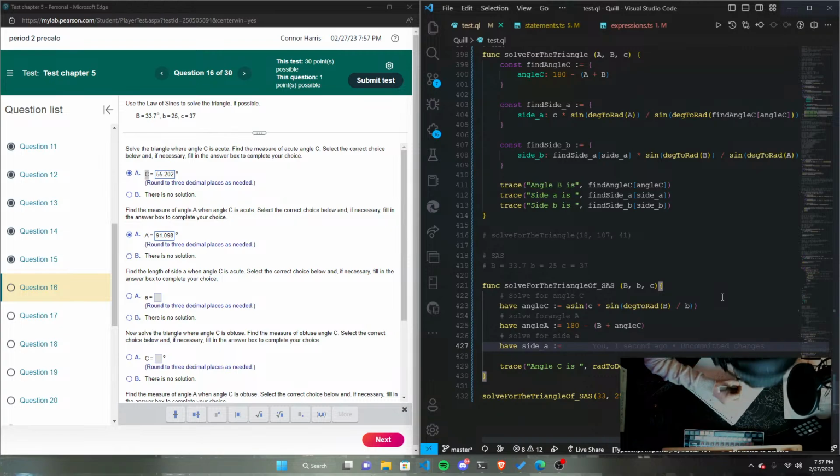Angle C is 55.202. Okay. So now we need to solve for side A.